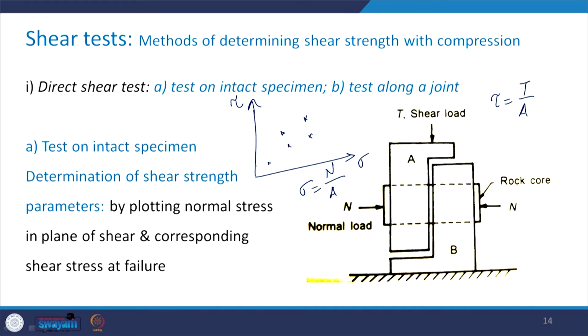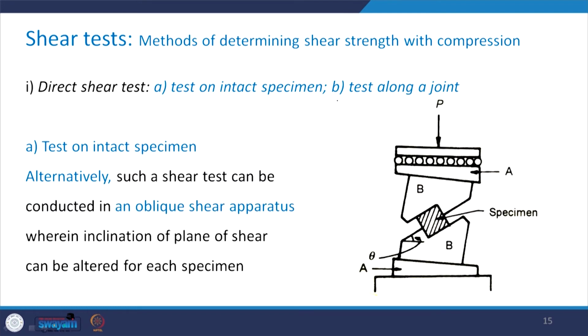I can fit a straight line, and then assuming that it is following the Mohr Coulomb failure criterion, I can find out the shear strength characteristics by finding this intercept C and this angle phi. So, this is how we can interpret the results from the direct shear test which is conducted on an intact specimen of rock.